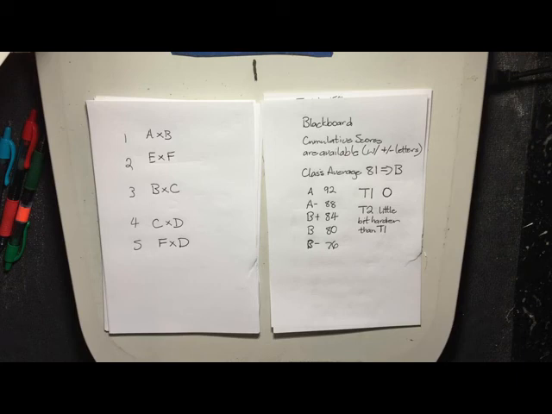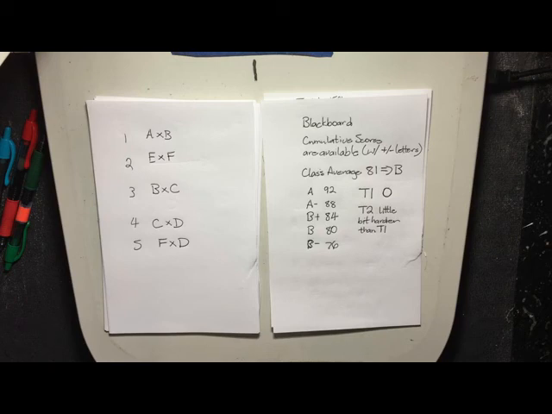Next, E cross F. Wow. E cross B is not F. E cross F. I thought I said E cross B. It helps if the professor would actually bother to read the problem.